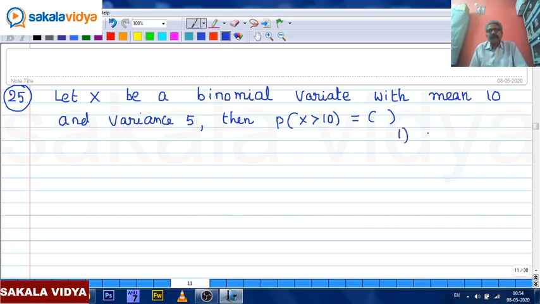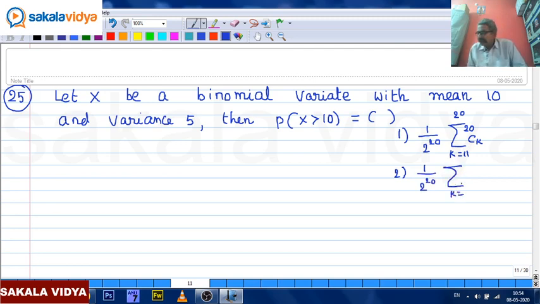First option, 1 by 2 to the power of 20, sigma k takes values from 11 to 20, 20 Ck. Second option, 1 by 2 to the power of 20, sigma k is equal to 1 to 11, 20 Ck.